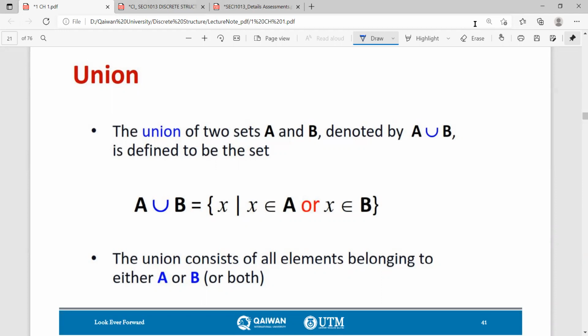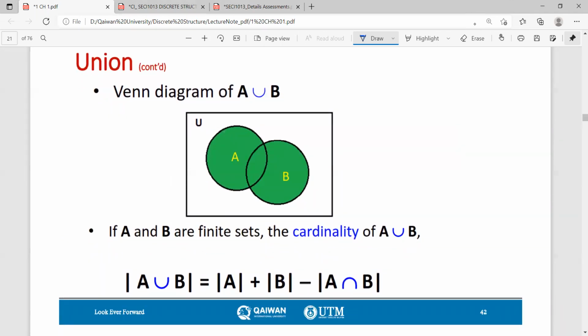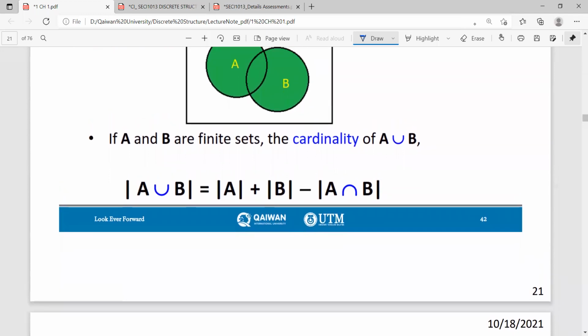Here, we say A union B is the set of all elements of A or B. Using a Venn diagram to represent the union, if this is set A and this is set B, the union of them is the green area. Also, the cardinality of A union B is the cardinality of A plus the cardinality of B minus the cardinality of A intersection B, their common elements.